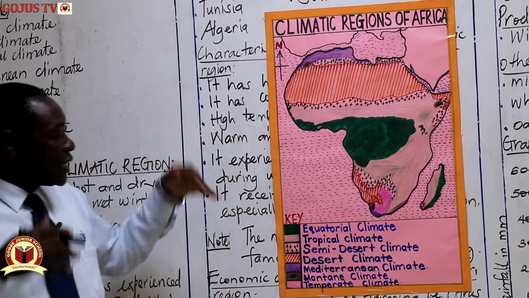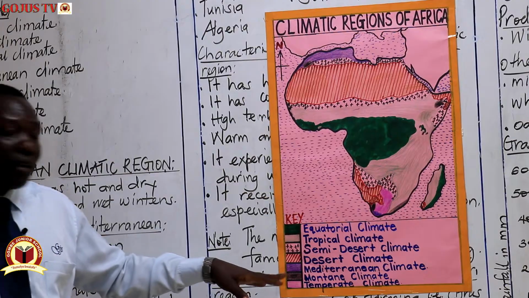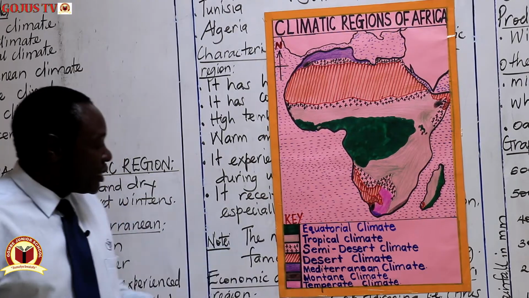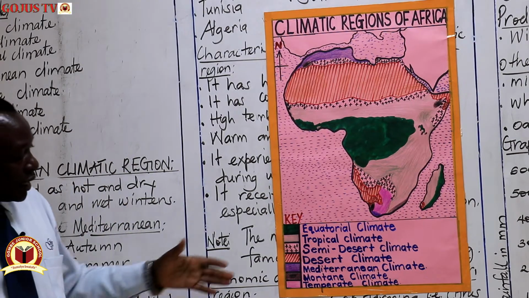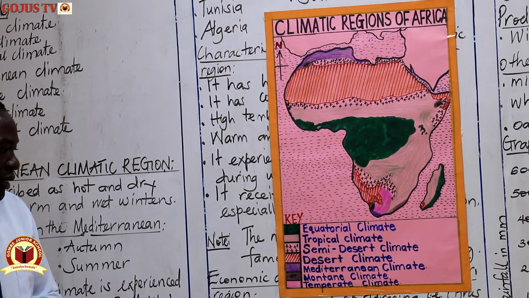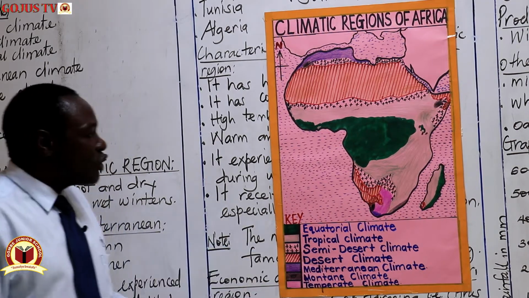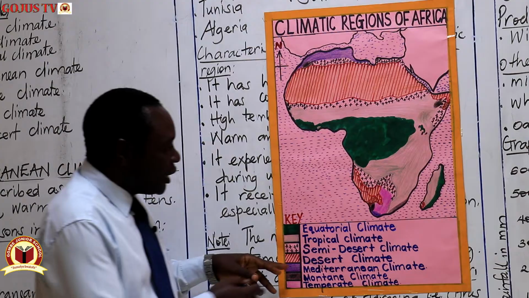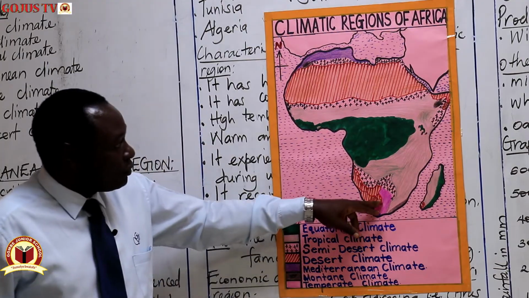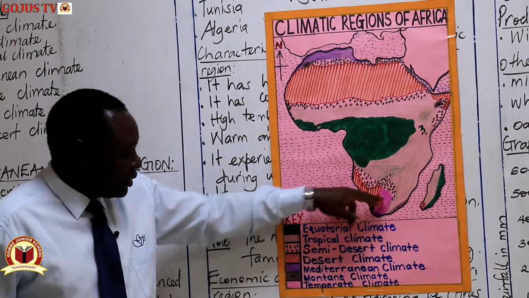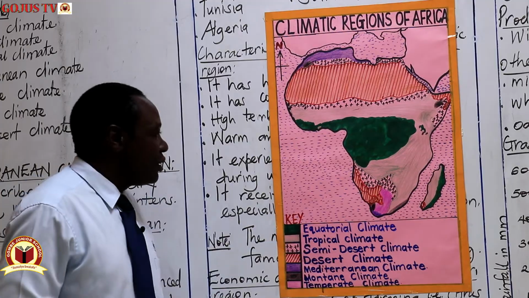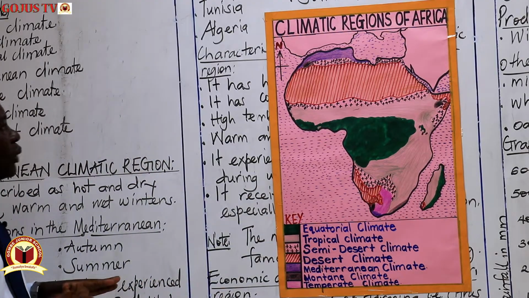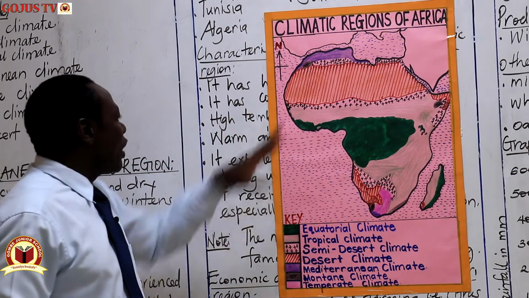So most of the areas that have mountains experience the mountain climate. We have the temperate climate. It's only found in South Africa. So we shall look at them one by one.